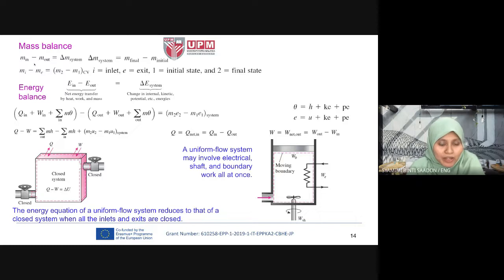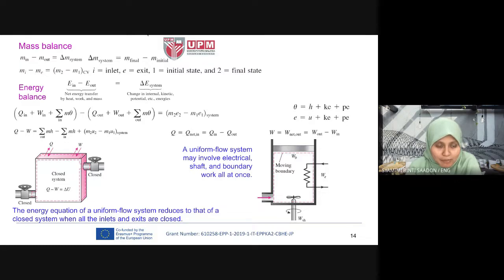For the mass balance, M in minus M out equals the change of the mass within the control system. Instead of M in minus M out being 0, so M in equals M out, here M in minus M out is the change of the mass within the system, between initial and final.